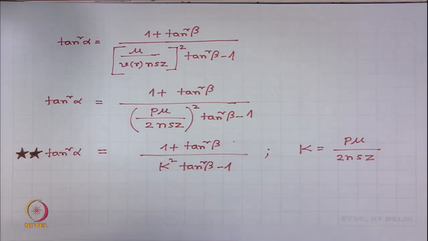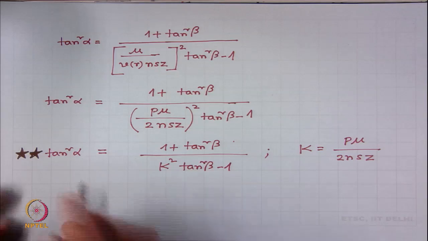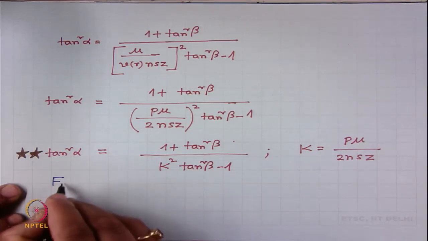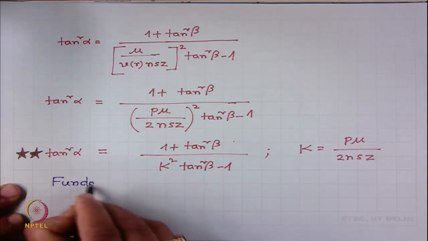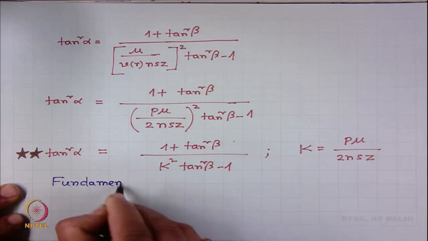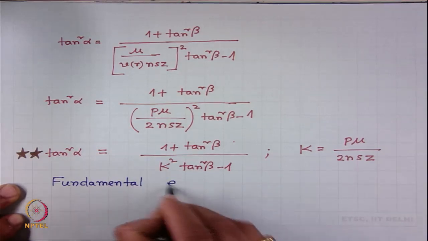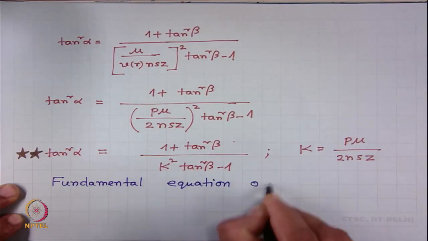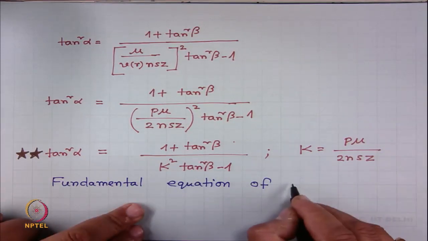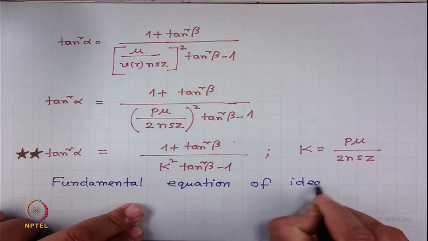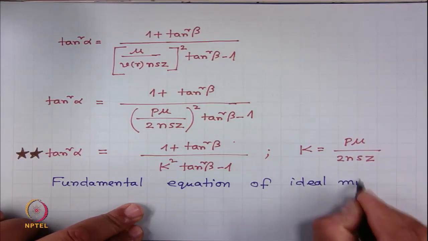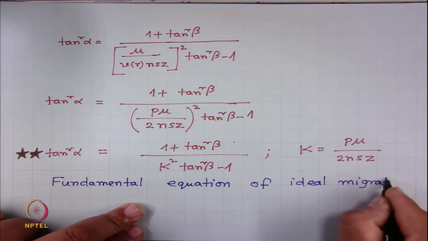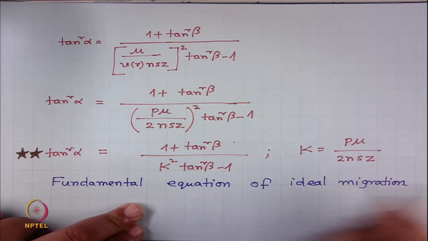This expression is known as the fundamental equation of ideal migration, or Taylor's version. Why is this ideal?